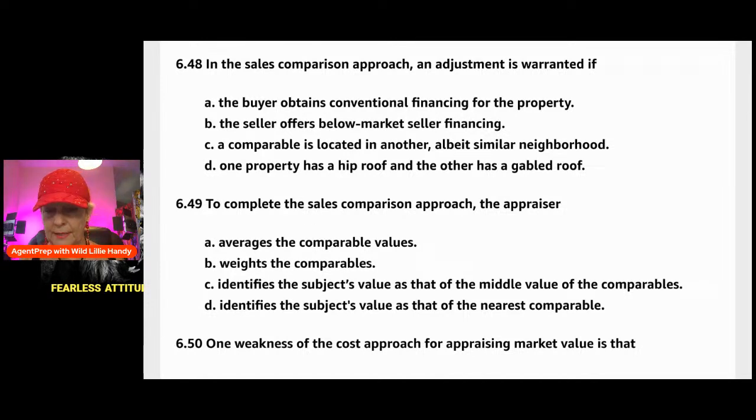So let's see. So far, I've got A. Ooh, no, it's not an average. Because remember, to complete the sales comparison approach, the appraiser is going to adjust values of the comparables. So if the subject property has an extra bathroom and the comparable does not, then he's going to have to add a bathroom to the comparable to see if it comes up to the value of the subject property.